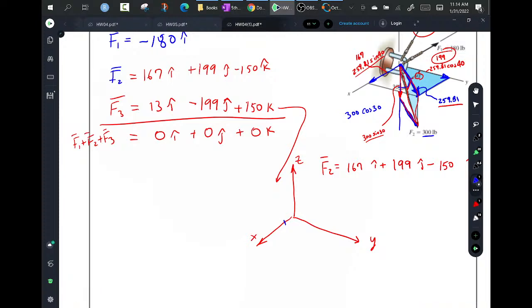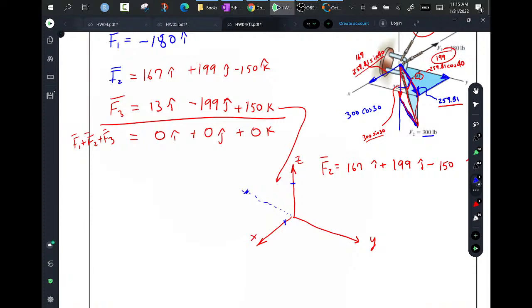I'll tag that one at, wait, I'm tagging this one at like 199. And I'm tagging the Z at 150. So I don't know that this is to scale, but these are my 3 points.